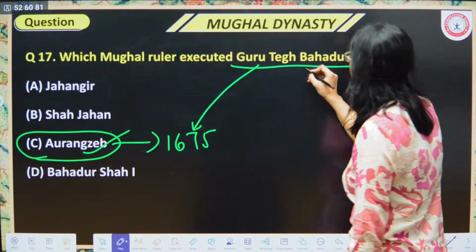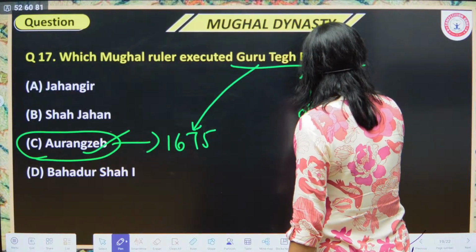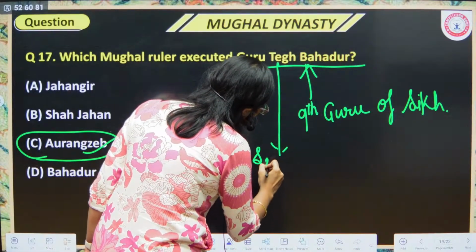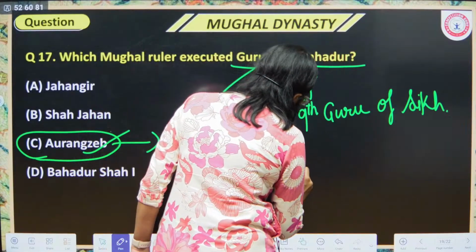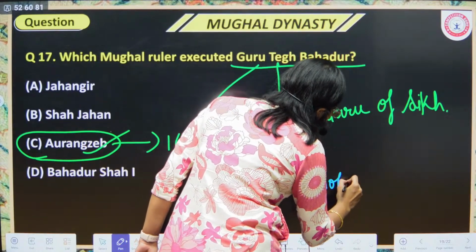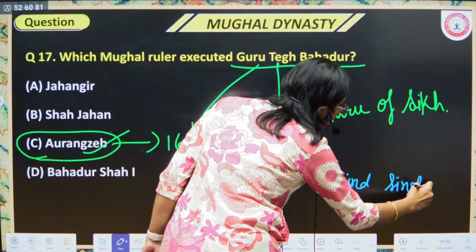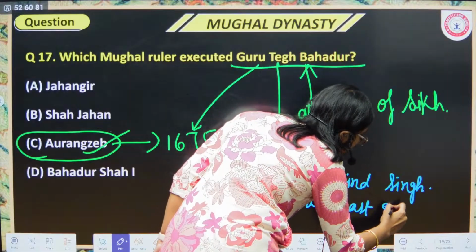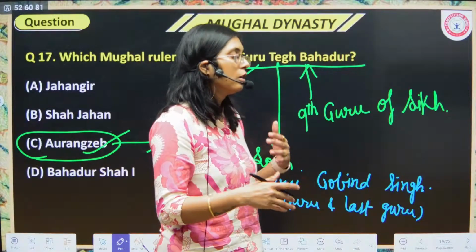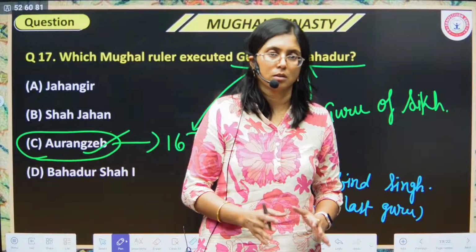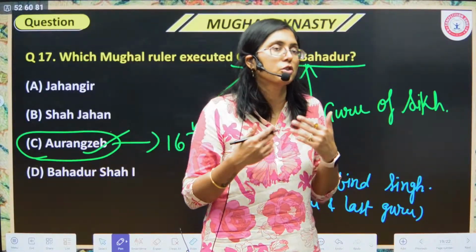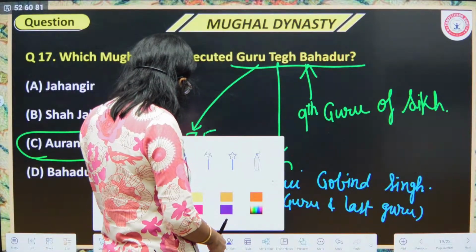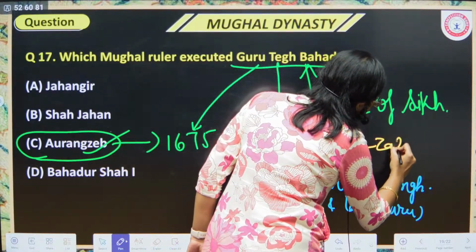So Guru Tegh Bahadur was the 9th Guru of the Sikhs, and इनके सन कौन होते हैं? गुरु गोबिंद सिंह, 10th Guru and the last Guru. ठीक है, और इन्होंने गुरु पद को ही खत्म किया और उन्होंने कहा now the voice of Guru is your real Guru. मीन्स उनके जो वॉइस है, जो उन्होंने कहा है, that is Guru Granth Sahib में लिखा है, वही अब आपके गुरु हैं. गुरु गोबिंद सिंह ने एक बुक भी लिखी थी जिसका नाम है जफरनामा.